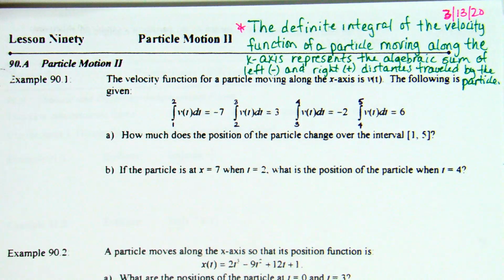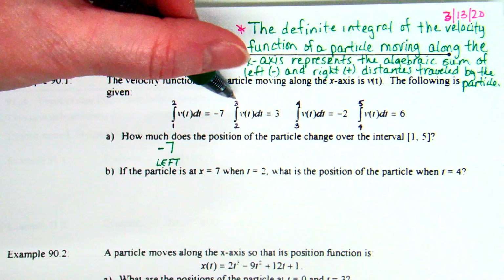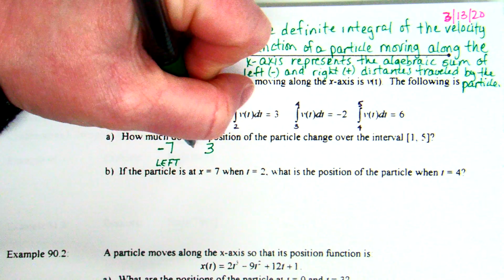So what do we know? From 1 to 2, what does it do? Negative 7, which is a left 7. Then from 2 to 3, what's it do? Goes right 3, which is a positive 3.